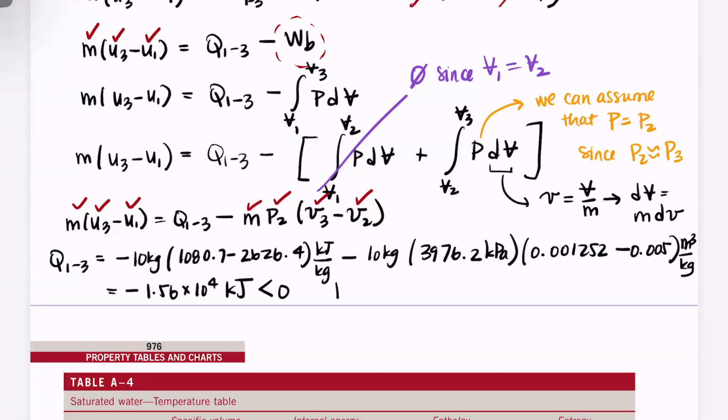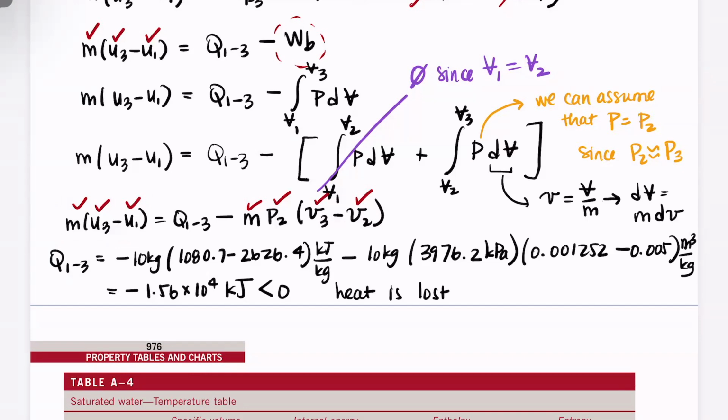So this means that heat is lost. Which hopefully makes some sense because we started with a super hot thing and then compressed it into a liquid. Yeah, the mass is negative. Oh, I'm sorry. This minus sign showed up because I took this term. Oh, wait. Thank you, you're right.